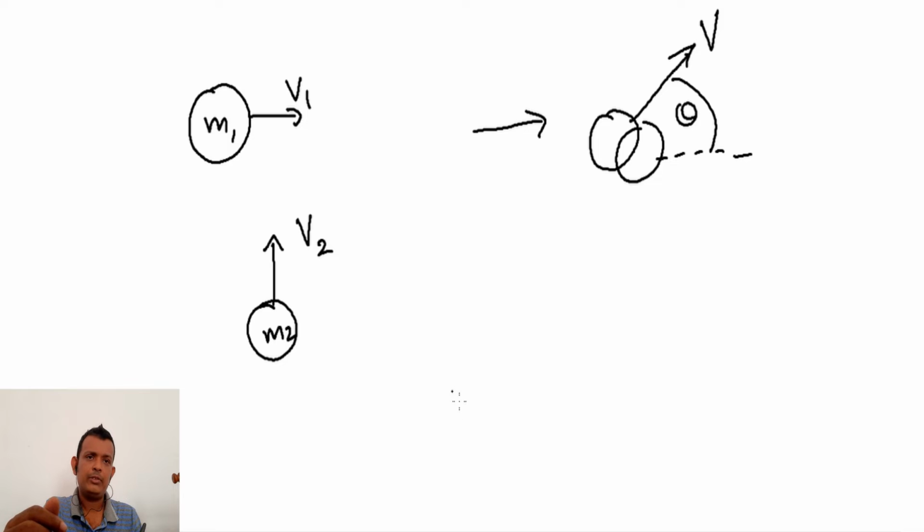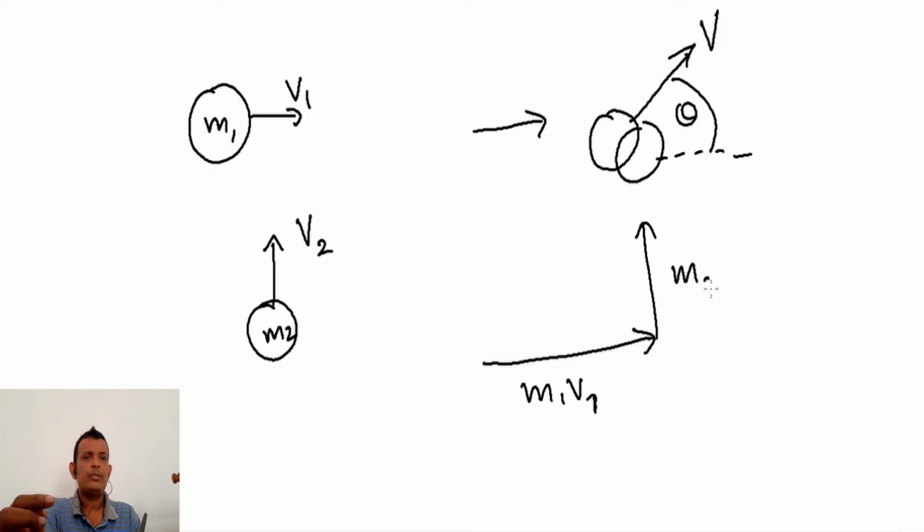To do that, I am going to use the vector method. Here I can represent m1 v1 as the horizontal momentum, and m2 v2 as the vertical momentum. Then the resultant momentum will be the hypotenuse of this triangle. So how do I find the hypotenuse?